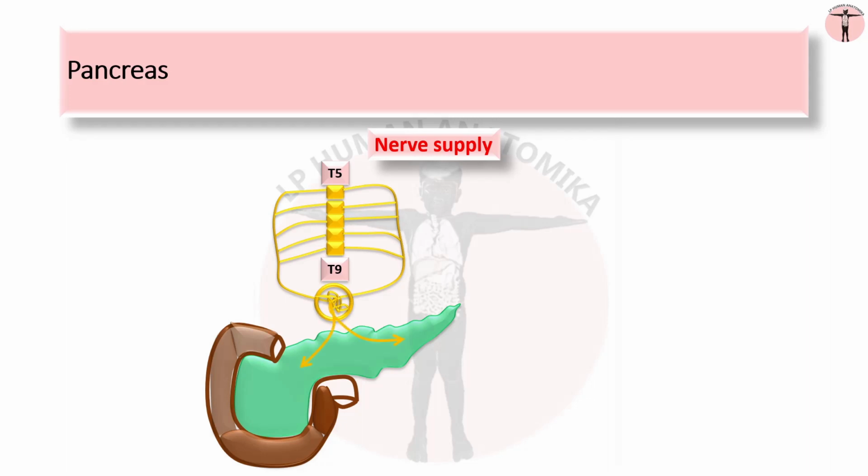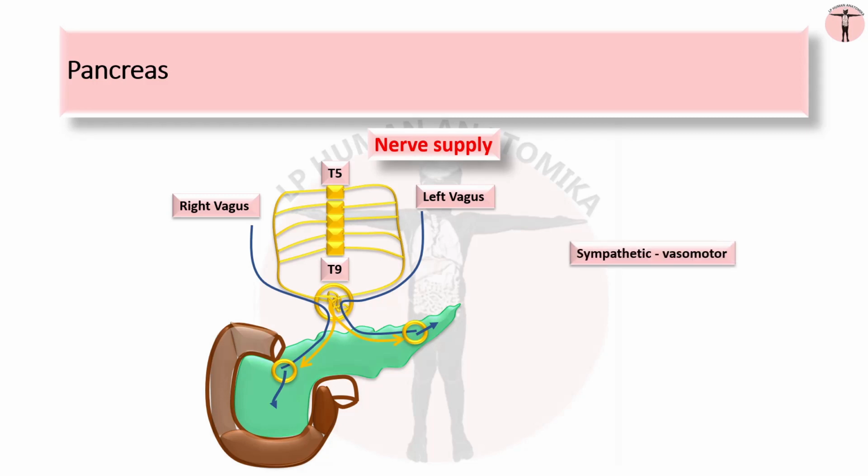The parasympathetic fibers arise from the right and left vagus, which pass through the celiac and superior mesenteric plexus and relay in the pancreatic tissue. The postganglionic fibers arise and supply the pancreas. The sympathetic is vasomotor, whereas the parasympathetic supply controls the pancreatic secretion.